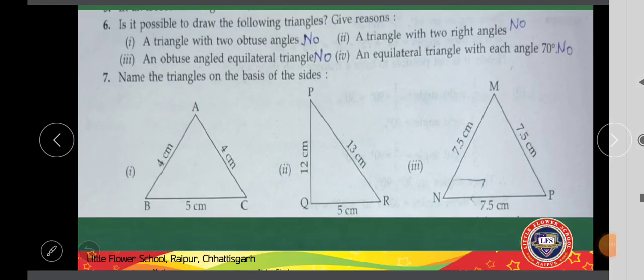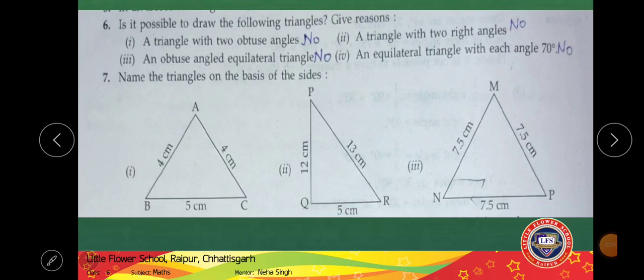Question number 6. Is it possible to draw the following triangles? In this you have to mention whether it is possible to draw the following triangles or not. A triangle with no obtuse angle. A triangle with two obtuse angles.